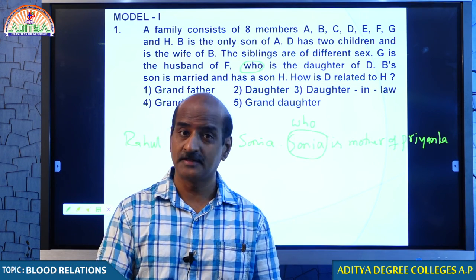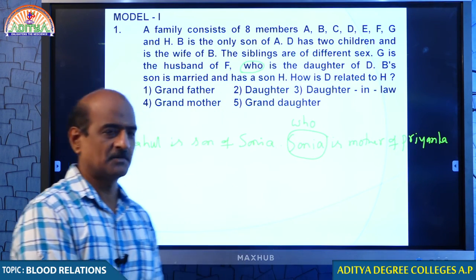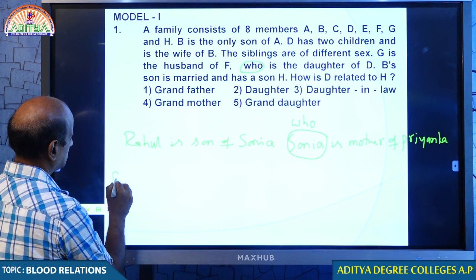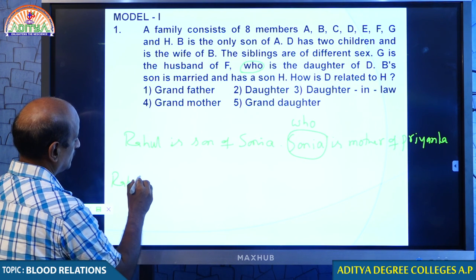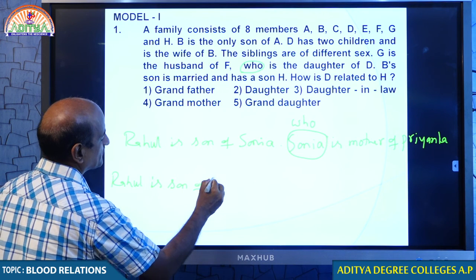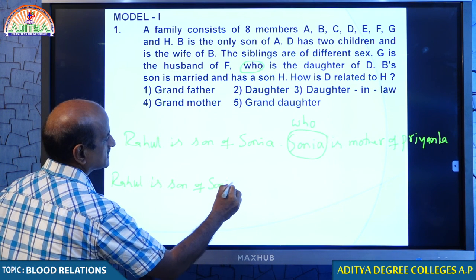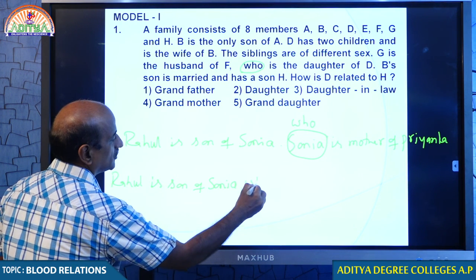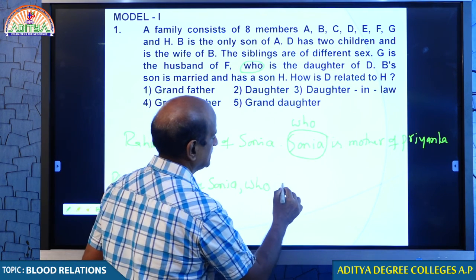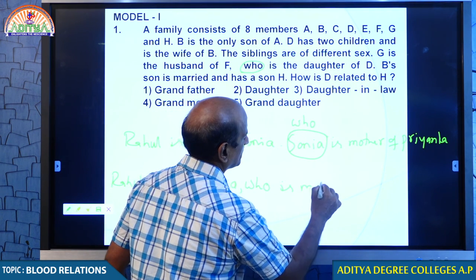After combination of the 2 statements, the single statement comes like this: Rahul is son of Sonia, who is mother of Priyanka.